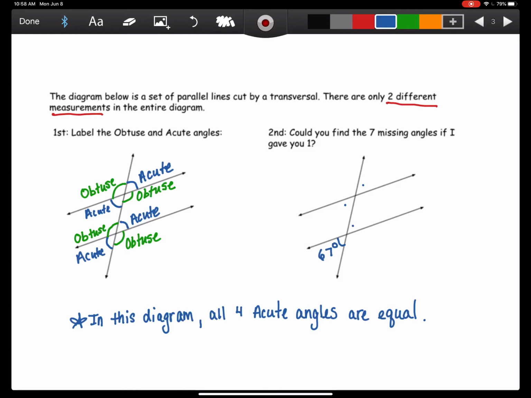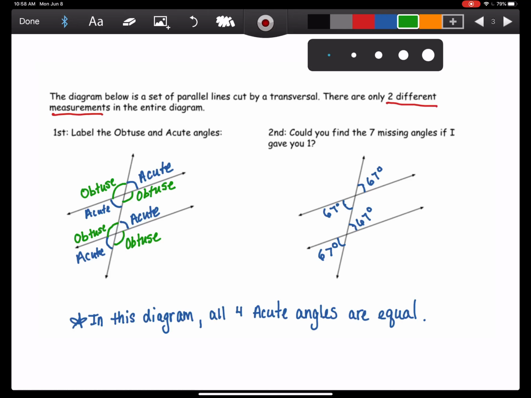Okay, all right, so let's fill those in. Here's one, 67. Here's the other, 67. And here's the last, 67. Okay, I'm going to switch to green.